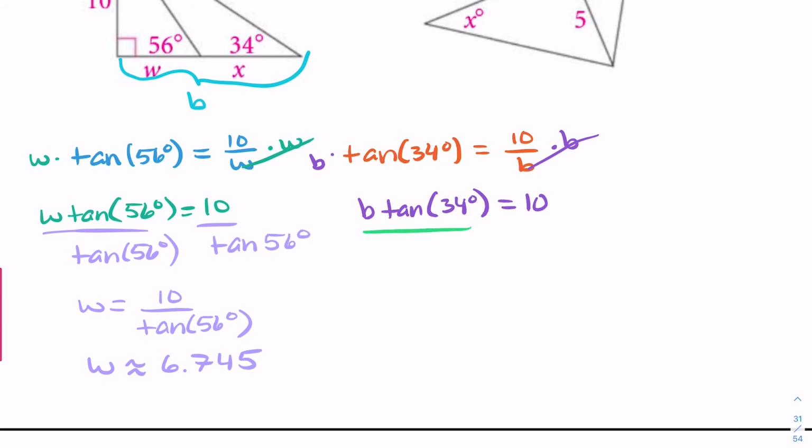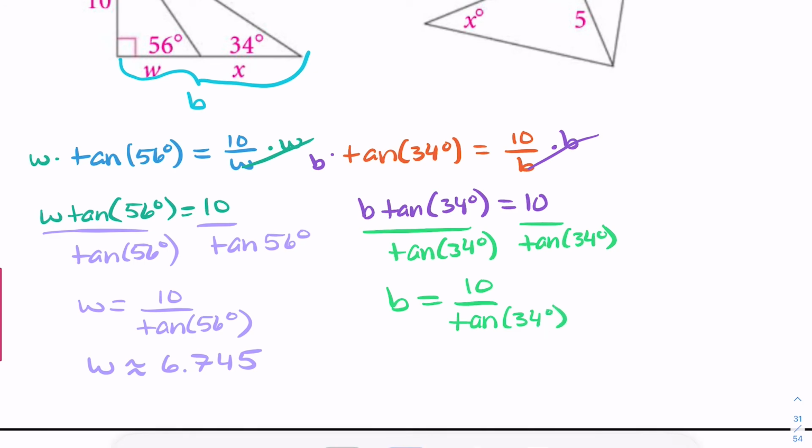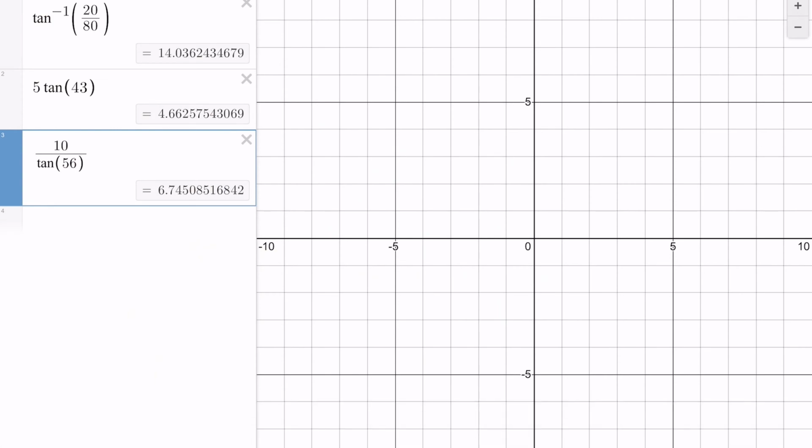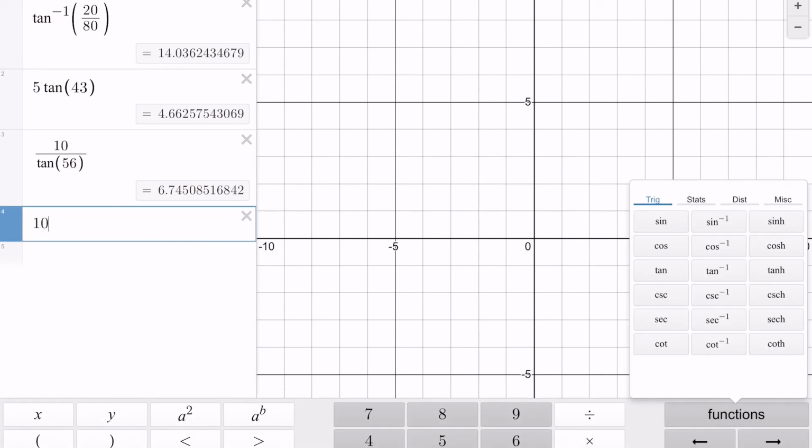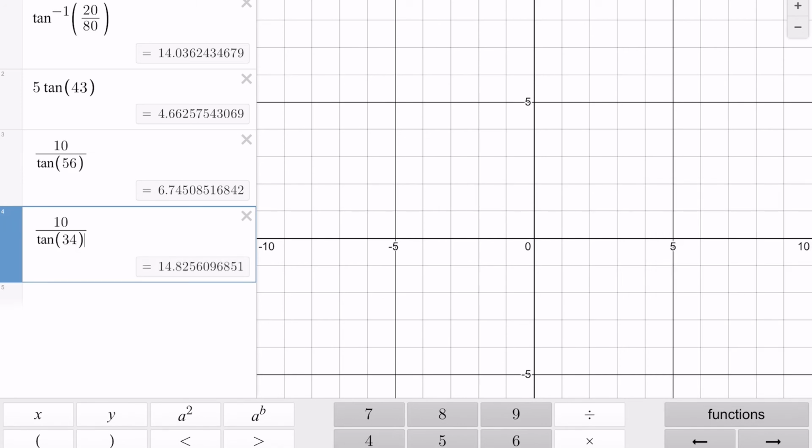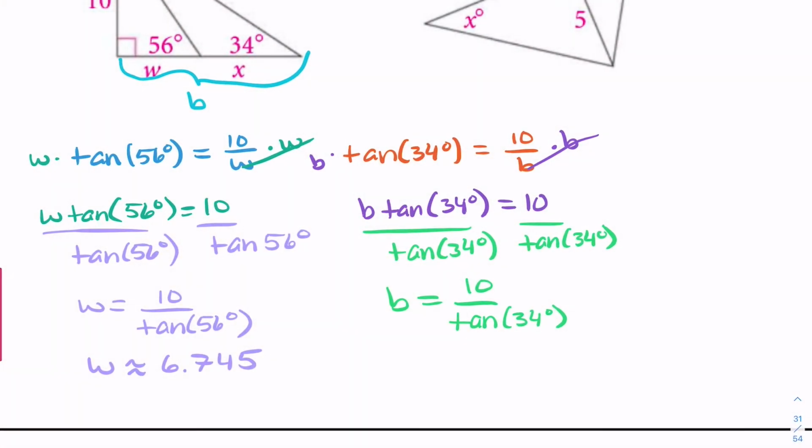Divide by tangent of 34. So B equals 10 over tangent of 34, which is 14.8256.